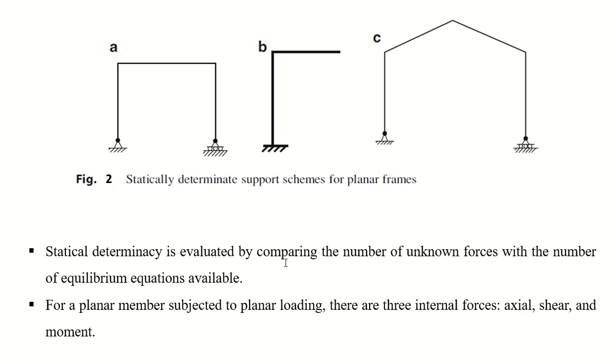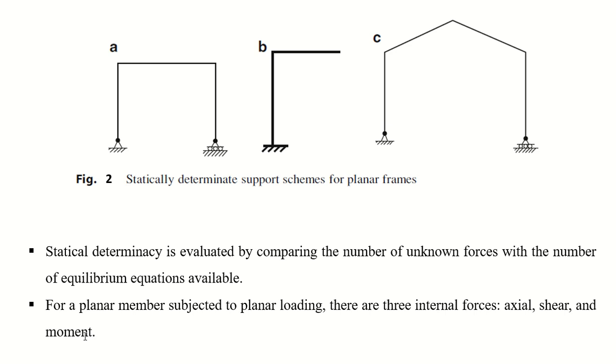So statical determinacy is evaluated by comparing the number of unknown forces with the number of equilibrium equations available. So the static indeterminacy of columns is almost similar to that of the beams. For a planar member subjected to planar loading, there are three internal forces, that is axial force, shear force, and bending moment.